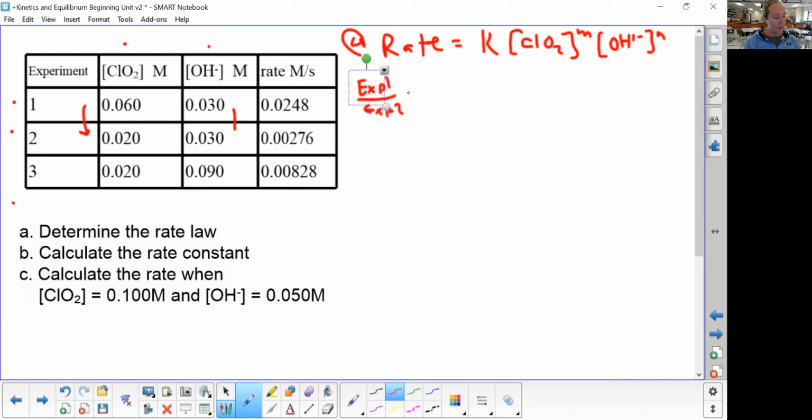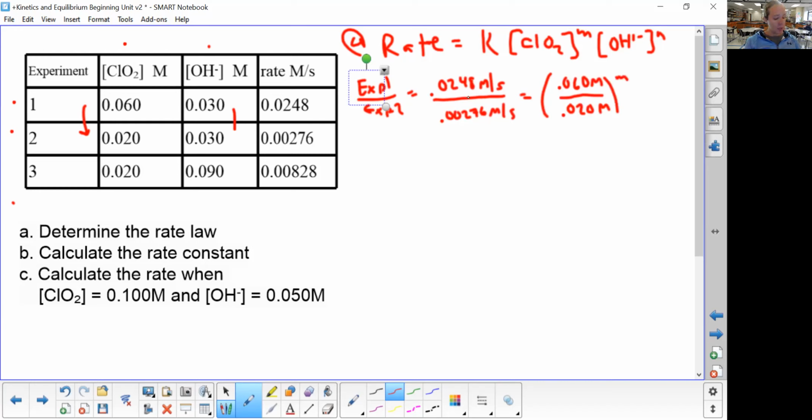The rate of experiment 1, 0.0248 molarity per second, over 0.00276 molarity per second, the rate of experiment 2, is equal to the ratio of the chlorine dioxide concentration in experiment 1 over experiment 2, raised to some power.